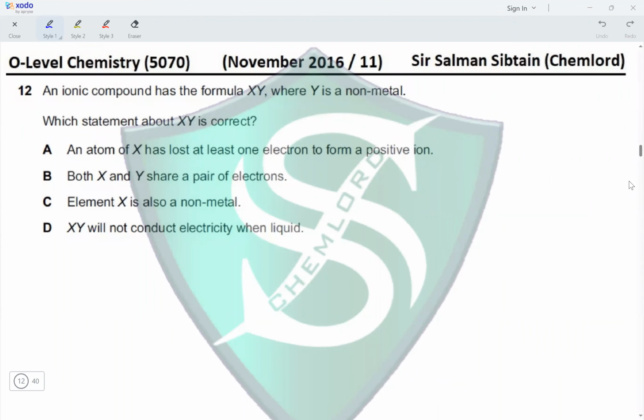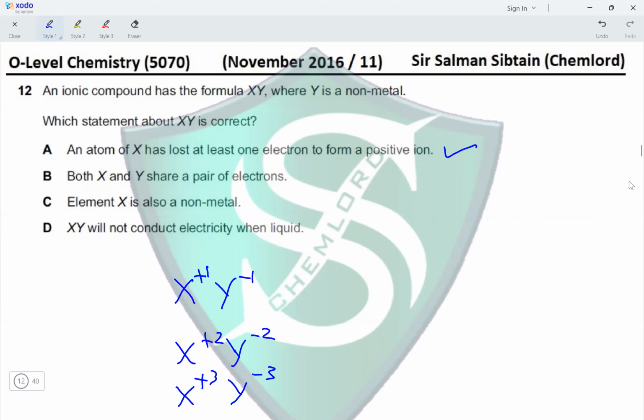Question 12. An ionic compound has the formula XY where Y is a non-metal. Which statement about XY is correct? An atom of X has lost at least one electron to form a positive ion. Yes, because XY could be positive 1 and negative 1, or it could be positive 2 and negative 2, or it could also be positive 3 and negative 3.